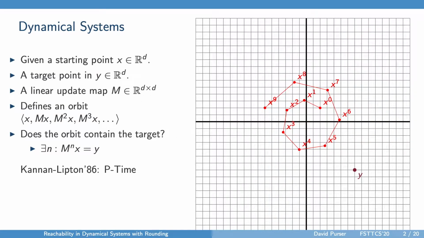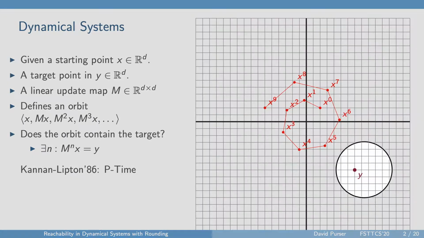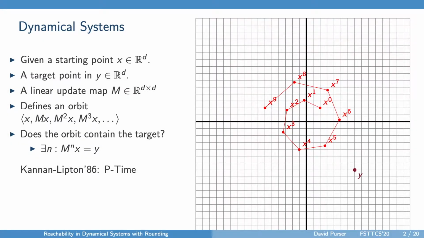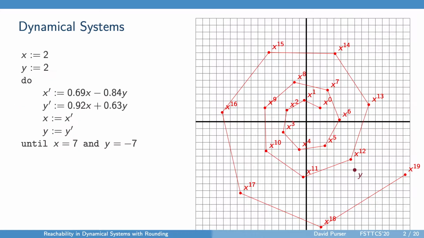The classical reachability question is whether this orbit will ever hit a particular point. So, for example, we could ask, do we ever hit the point y? As we start to go past y, we notice that we miss y. And since we've missed y and we're expanding, we know we'll never come back to y.